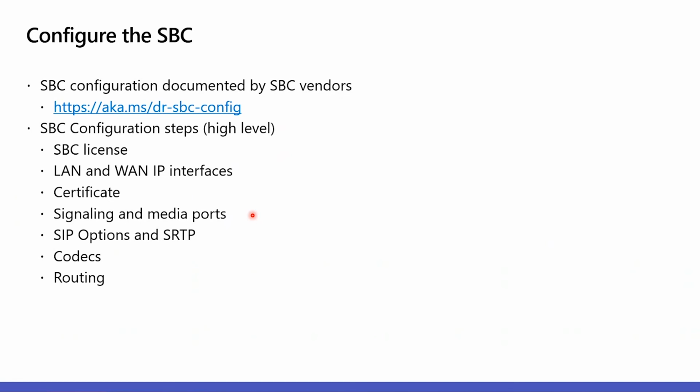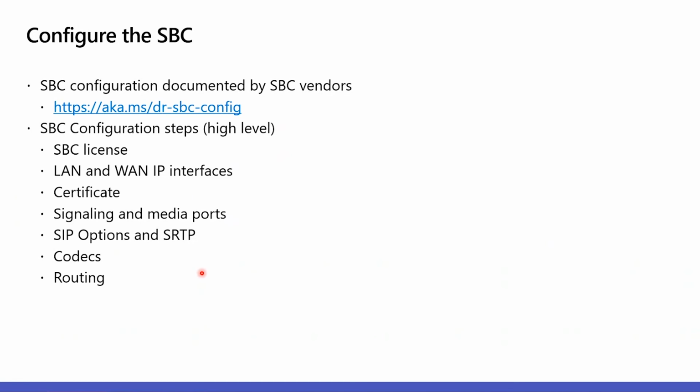And then when media starts to flow, one of those signaling negotiations picked ports, and media starts flowing between the endpoints. We can select some SIP and SRTP options, select codecs from the SBC point of view, and we need to set some routing capabilities.